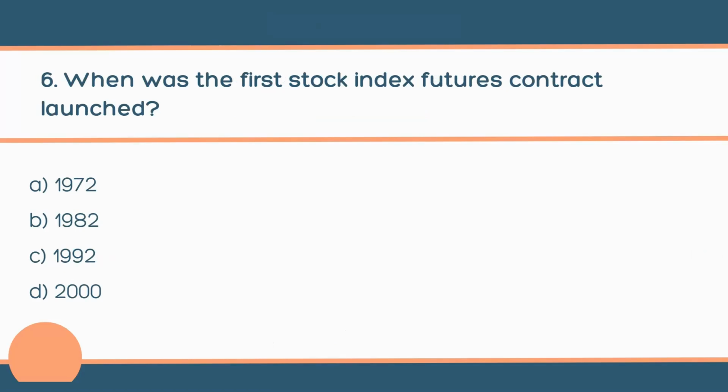When was the first stock index futures contract launched? Stock index futures were launched in 1982, starting with the S&P 500 index. So the answer is B, 1982.